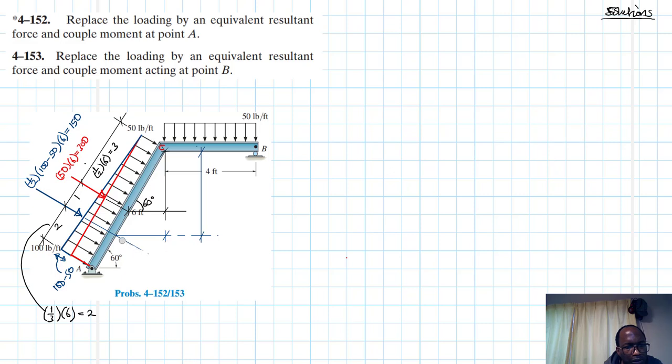Great, so we need those distances there.